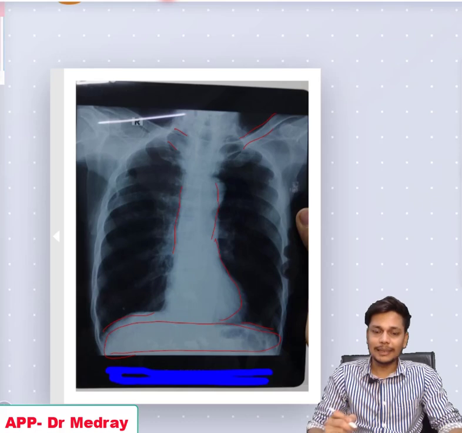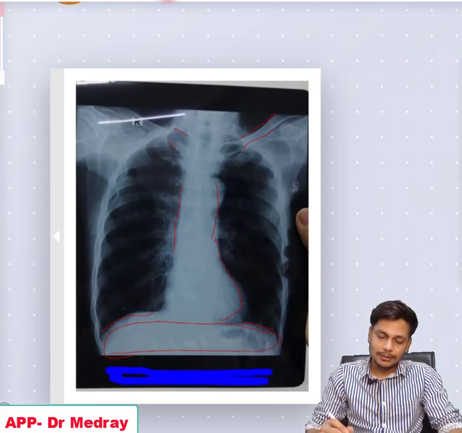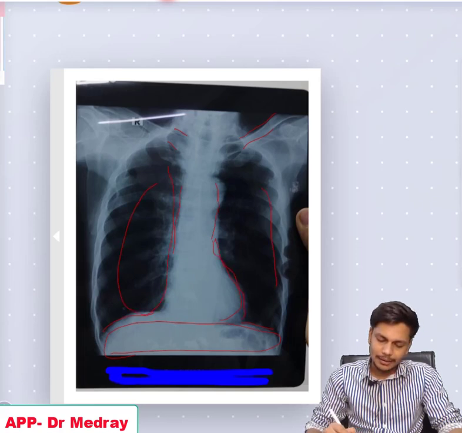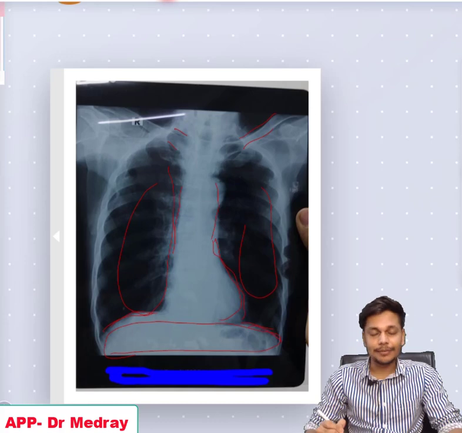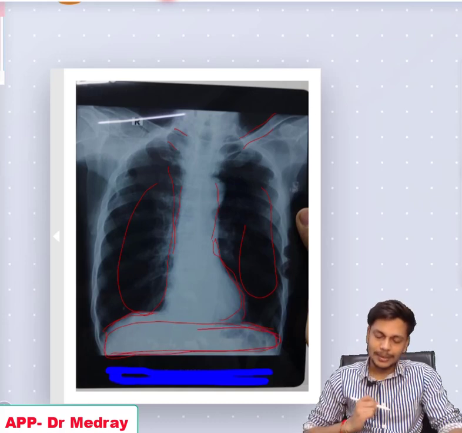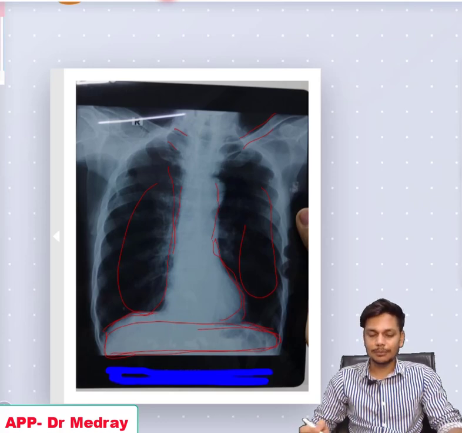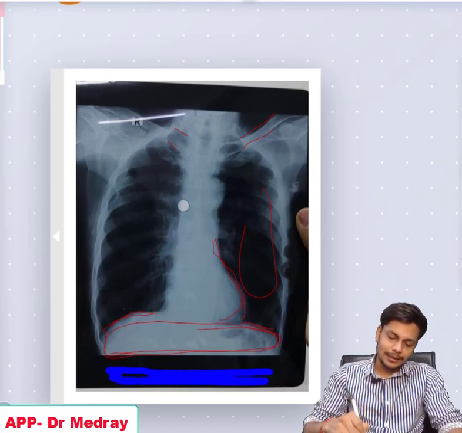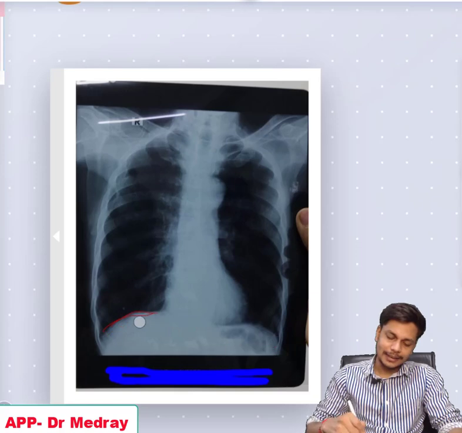Then you have to comment on the structures visualized: the rib cage, the cardiac shadow, the lung parenchyma, the shadow of the diaphragm, and a little bit of the upper part of the abdomen.